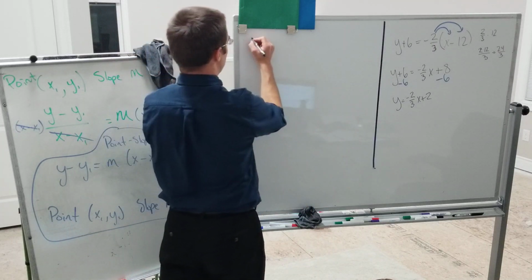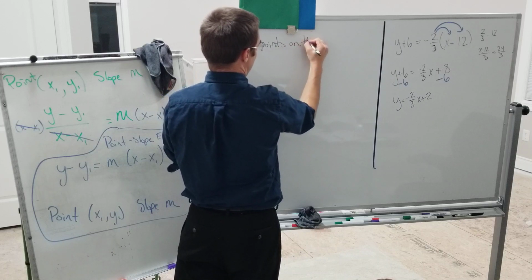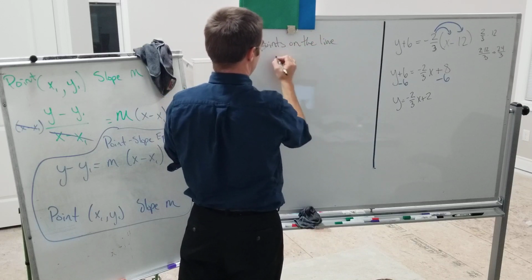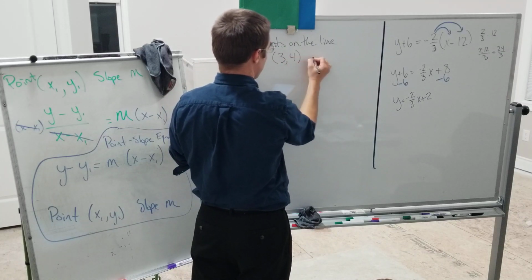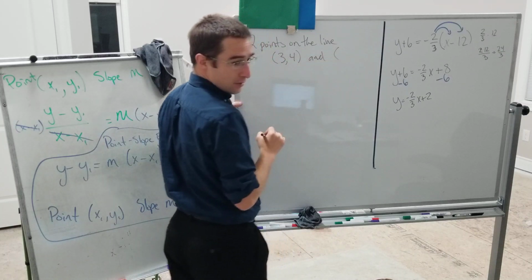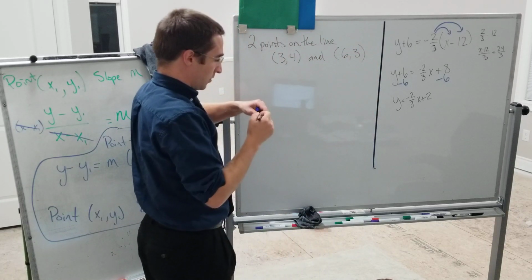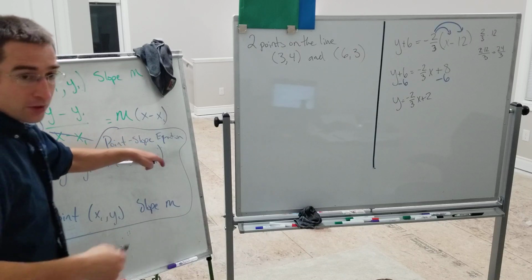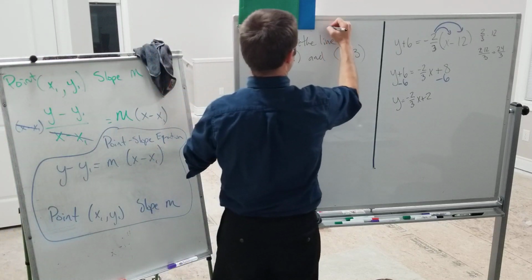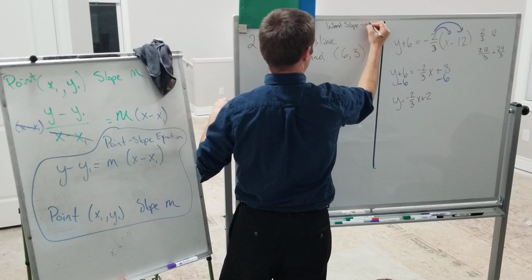So let's say we have two points on the line, and those points are 3, 4 and 6, 3. If we want point slope form, in order to go to slope-intercept, we want the slope-intercept equation.